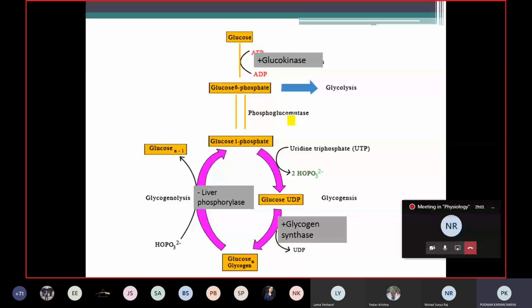And at the same time, it will cause the liver glycogen to be split back into glucose. And finally, there will be glucose in the circulation in between the meals. So this is how glucose metabolism or carbohydrate metabolism is carried out by insulin.